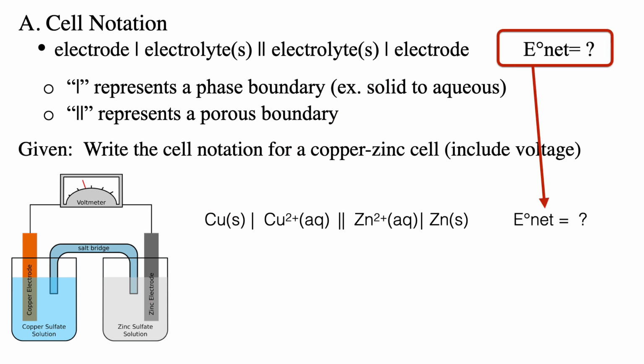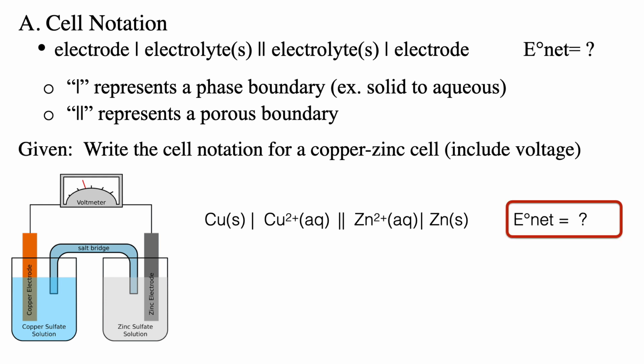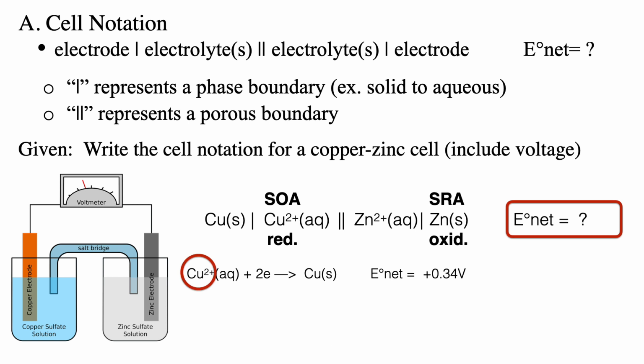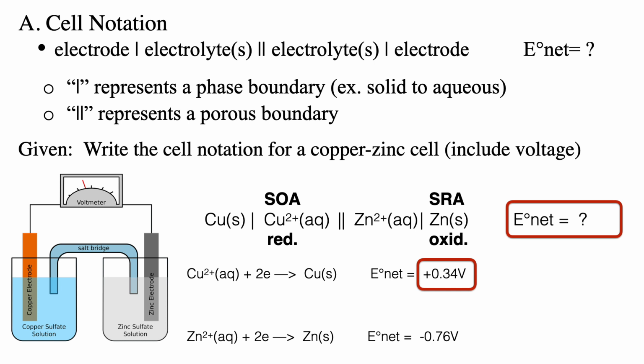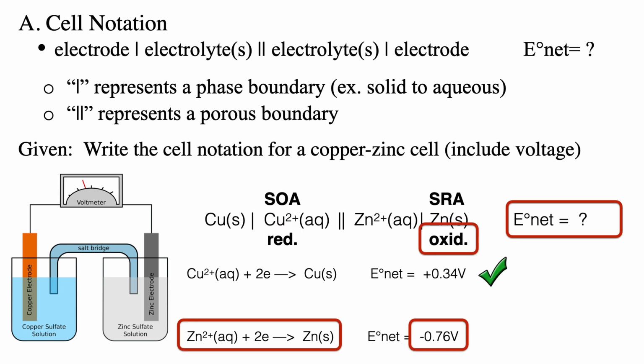Then I have to know my net voltage, so I can quickly look at the chart, find my SOA, find my SRA. Of course, I have to flip that reaction, and if I flip the reaction, I need to flip that to positive. I'm going fast because this is a review.